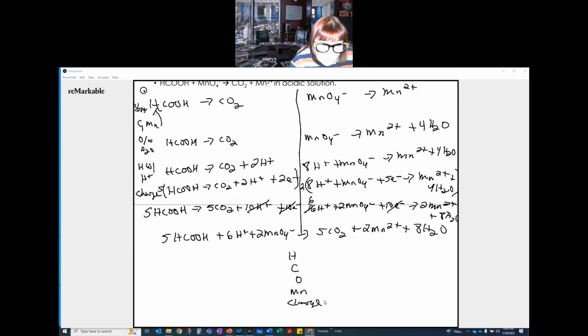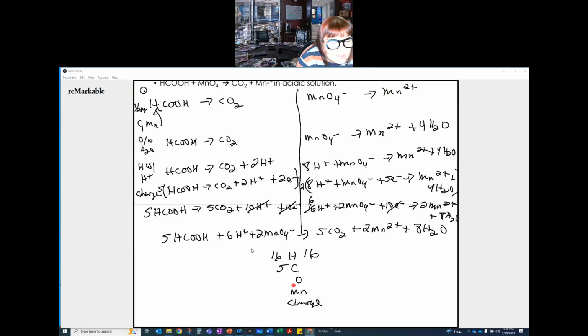So again, looking at my reactant side first, I have 16 hydrogens total, because I have 5 at the beginning of this HCOOH, 5 at the end, so that's 10, plus the 6 here, that's 16. And if we go here, 8 times 2 is 16. I have 5 carbons from the HCOOH.